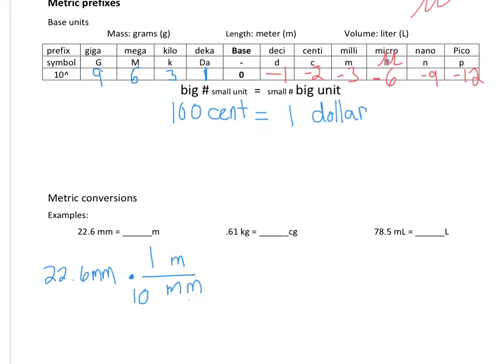Milli is right here, so let me box those. There's the base, that's my meter, and there's my milli. The positive difference between them is what I put there. So this is -3 and this is 0. The positive difference between them is 3. So this is 10 to the third.